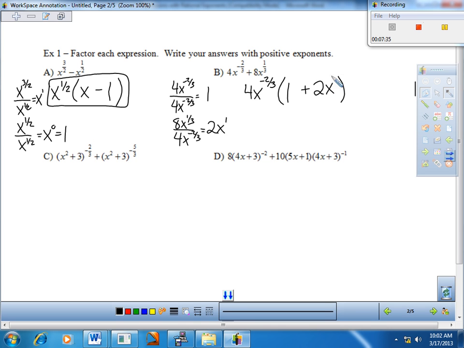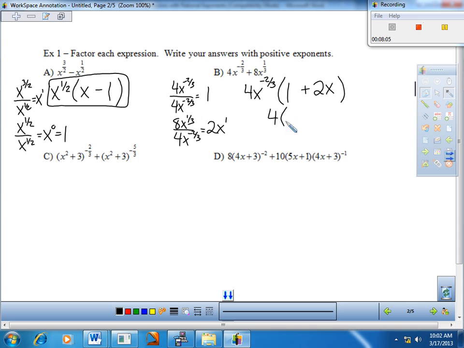And again, you're always more than welcome to just go ahead and distribute it in. If you do, you would get this right here. Now, I guess I would ask you, in this case, just the way we've been developing expressions this whole unit, could you go further? Yeah, you probably could. So it's this times this times this. This is just what's striking me at this stage. It's a term with a negative exponent.